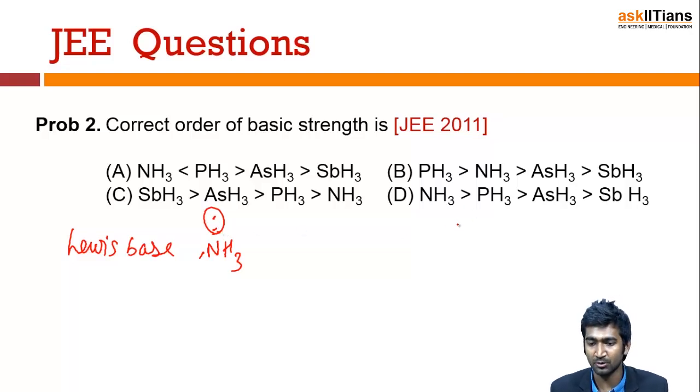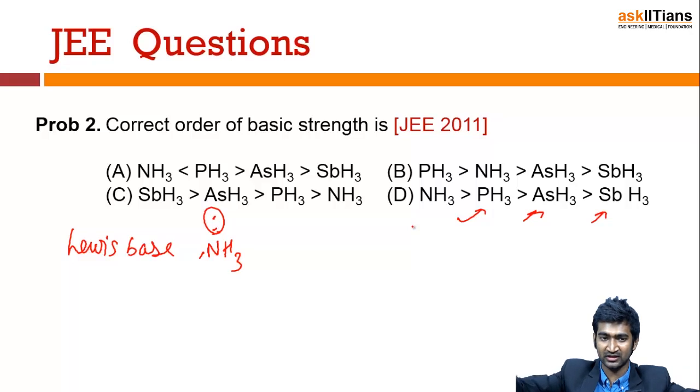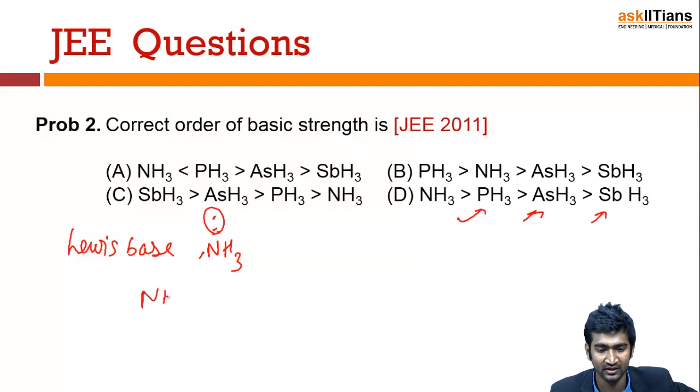If I talk about your PH3, AsH3 or say SbH3, then what will happen? That lone pair effect is totally shared in all that region. So that's why that lone pair will never be very easy to lose. And that's why the correct answer for this should be NH3 is more basic than PH3, then AsH3, and then SbH3.